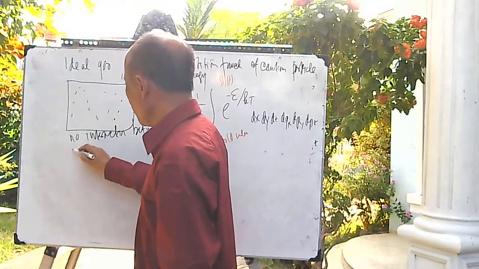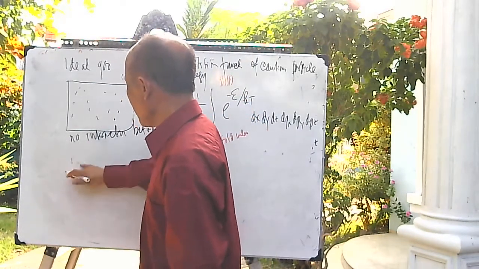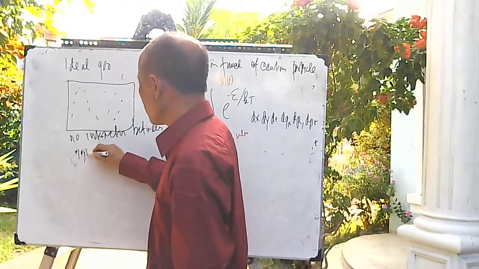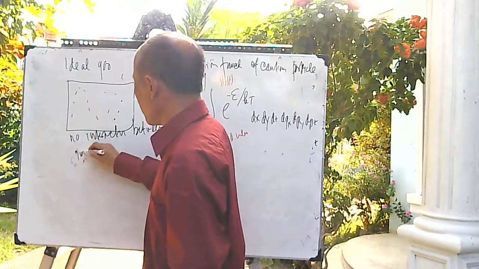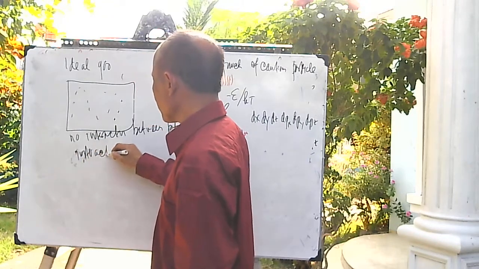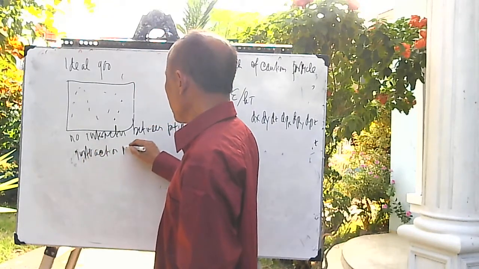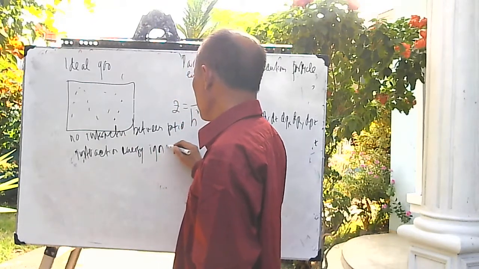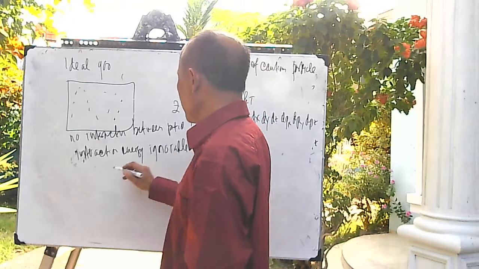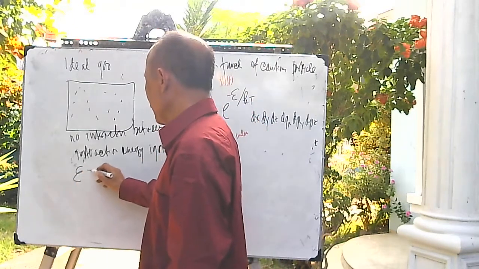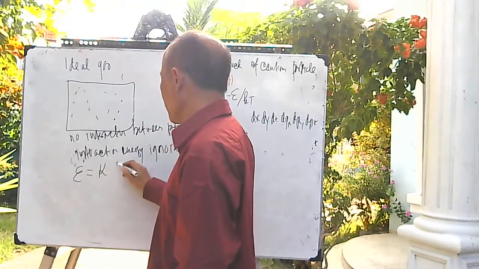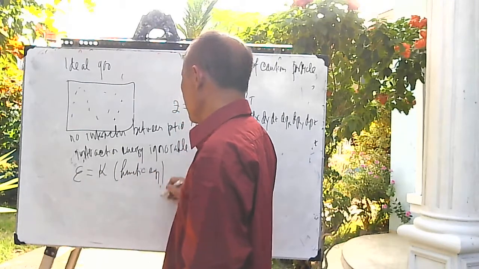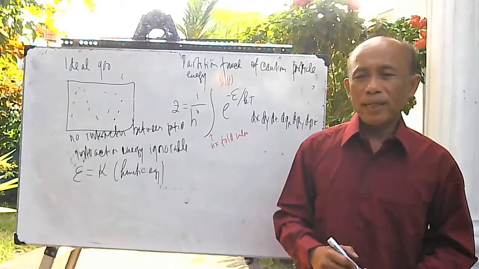So the potential interaction energy is ignorable, and the energy of the particle is only the kinetic energy. Then the particle has only kinetic energy.